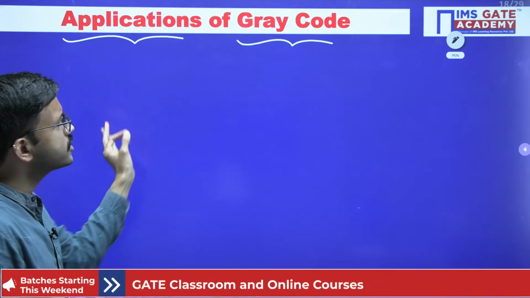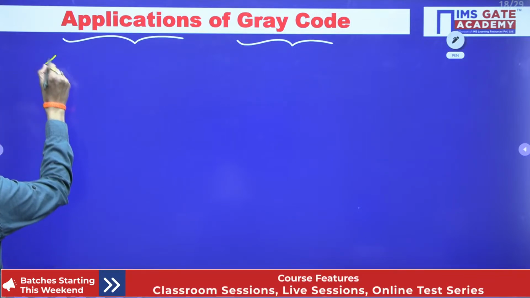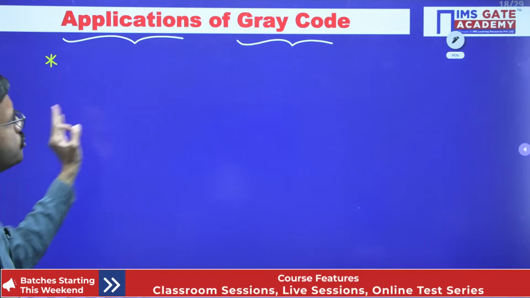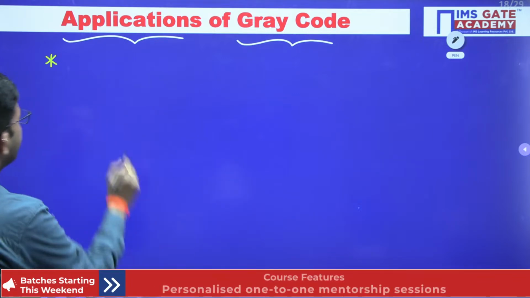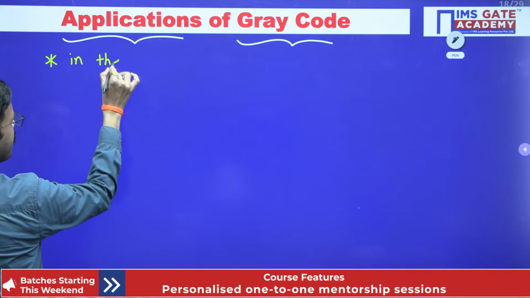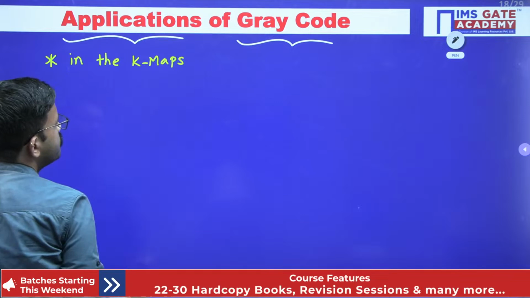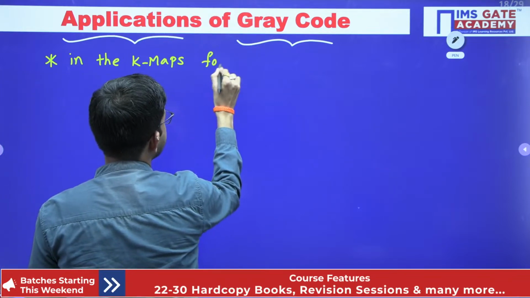Regarding that concept we will discuss in the second chapter. For the timing, note down the applications where we are going to use the gray code. We can use the gray code in K-maps for doing simplification easily.